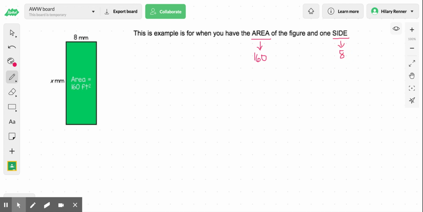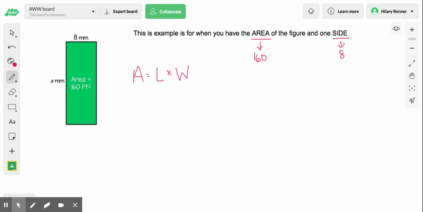So we know that our formula for area is area equals length times width. Now, if we fill out what we know in this formula, we will see that we're missing one of the two multipliers.